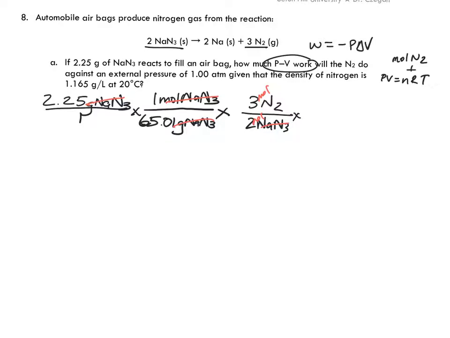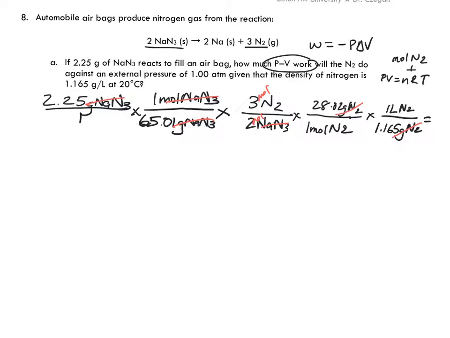We're going to convert back to grams. So 1 mole of N2 is 28.02 grams of N2. And then we're going to use the density and say that in 1 liter of N2, there is 1.165 grams of N2.